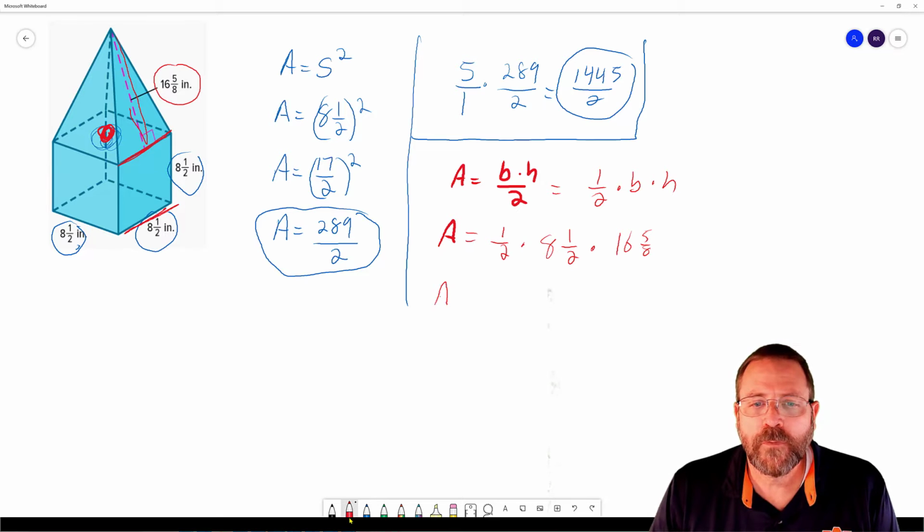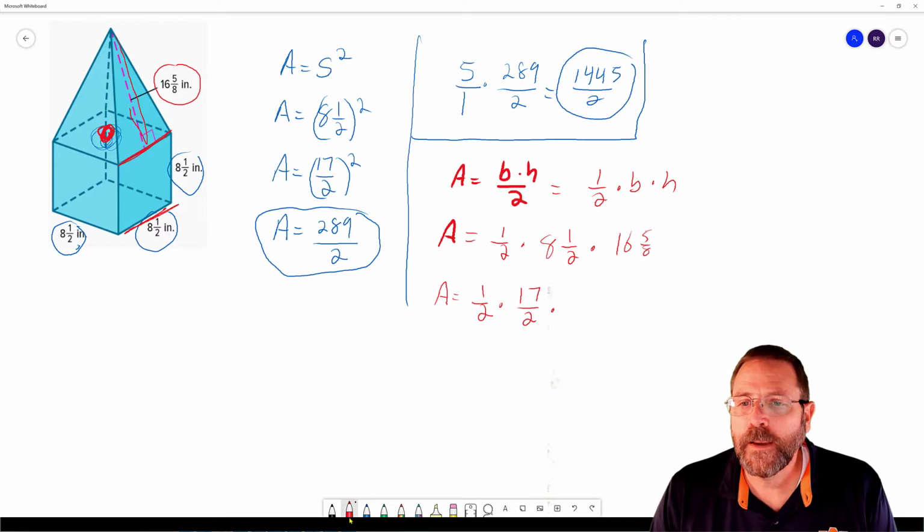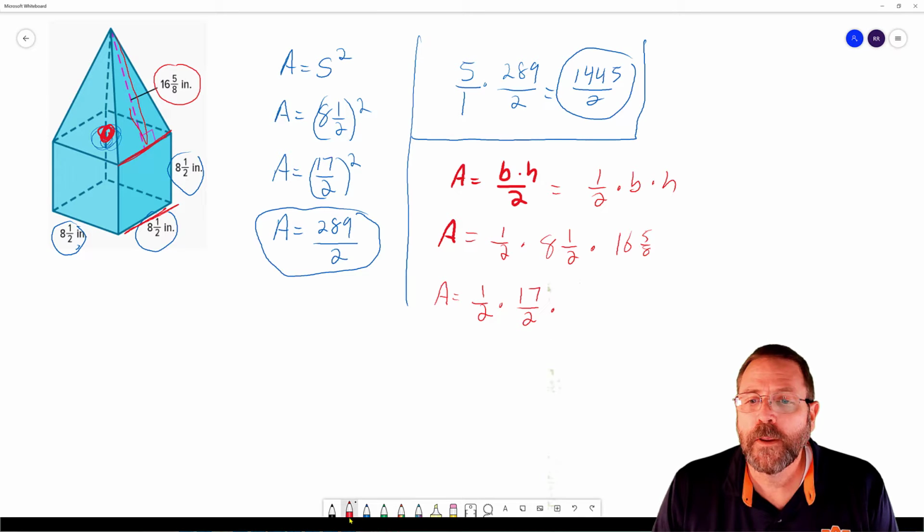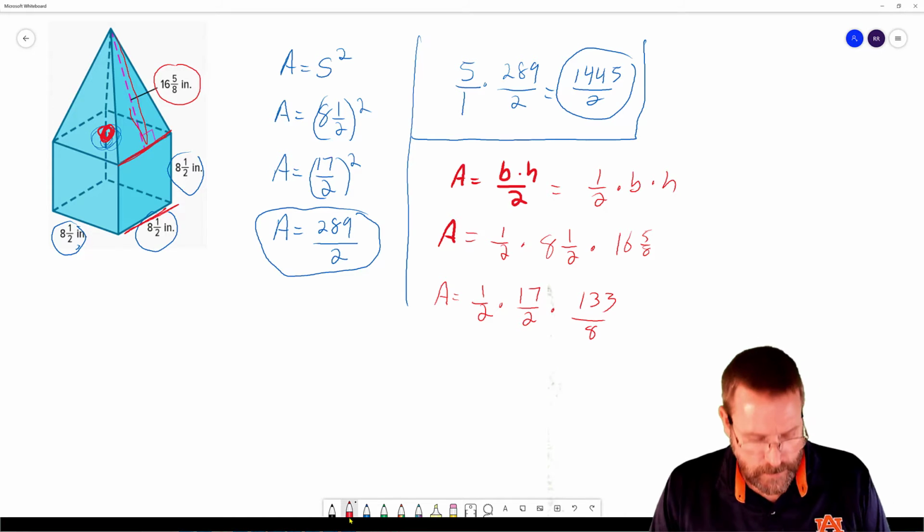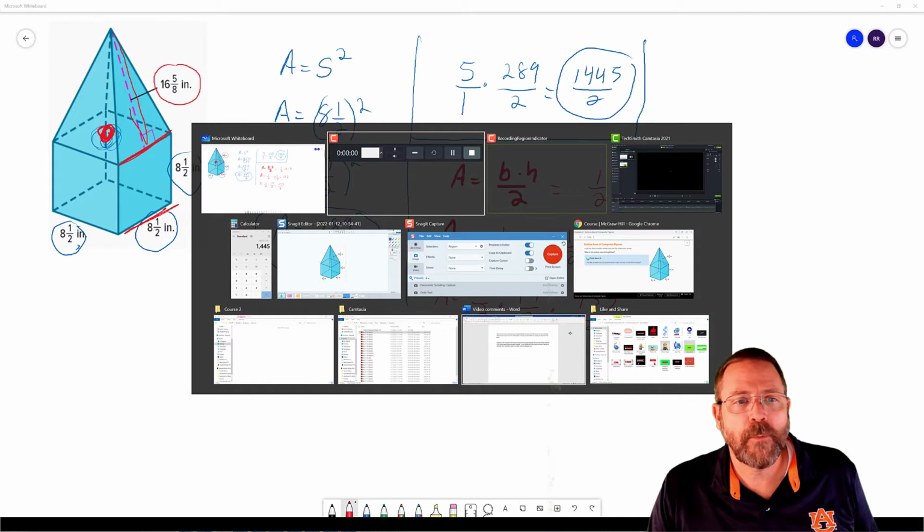We'll make our mixed numbers into improper fractions. 1/2 times the 17 over 2 we found earlier times 8 times 16, that's going to be 80 plus 48 is going to be 128, plus 5 is going to be 133 over 8.